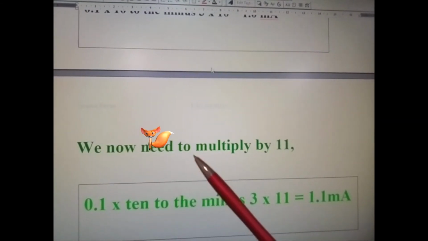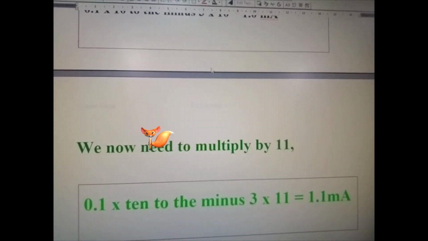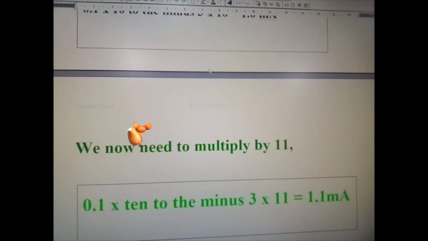We now need to multiply by 11. 0.1 times 10 to the minus 3 times 11 equals 1.1 milliamps. So you can see that we are acquiring the current value that we need to take into account in regard to the resistors that will be in the circuit.